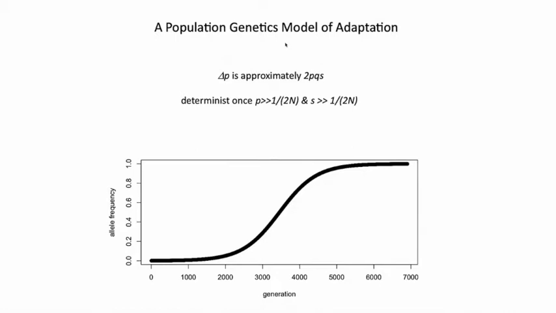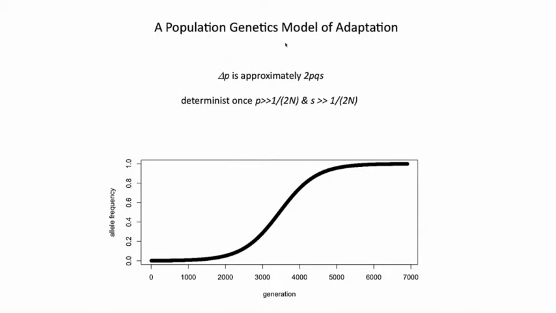And what's important here is that although, again, as undergrads, you were exposed to a lot of complex equations for this, if S is small, the change in p is roughly proportional to 2pqs. So in fact, the equation that predicts the change in allele frequency is very simple. And that also explains why, for rare allele frequencies, and as it approaches fixation, it slows down, because as you get close to 1 or 0, the product pq becomes quite small, right?